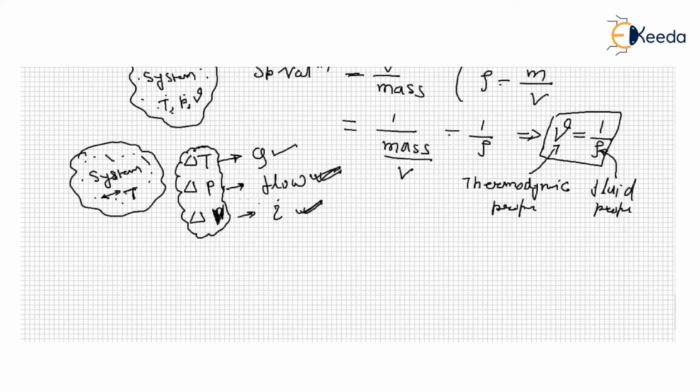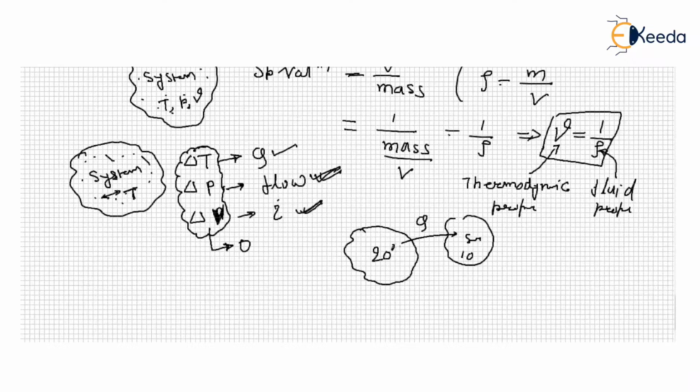Because if there is a system at temperature 20 degree, that means throughout the temperature is 20 degree, and if there is a surrounding at a different temperature, obviously heat will flow. And finally, the system temperature comes to the surrounding temperature, and after that it is dead state. Why? Because the system temperature and surrounding temperature are after some time balanced to each other.